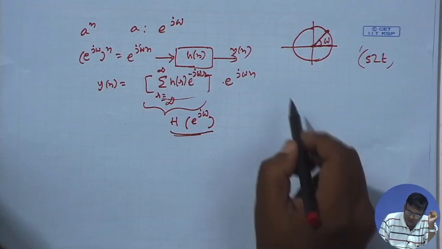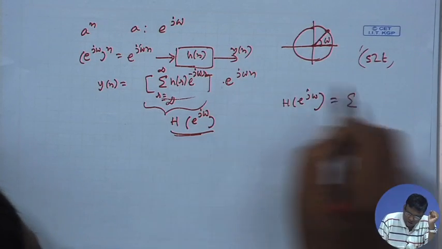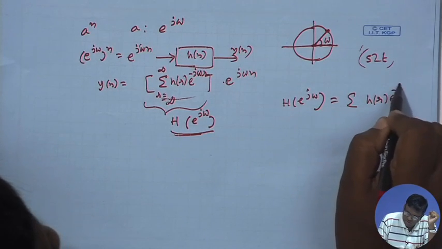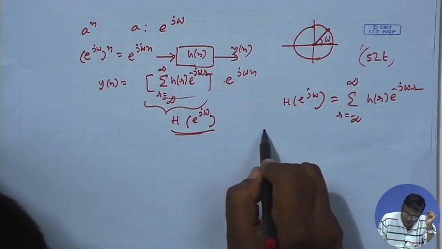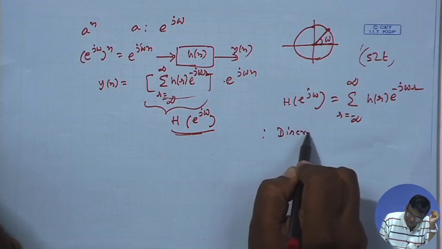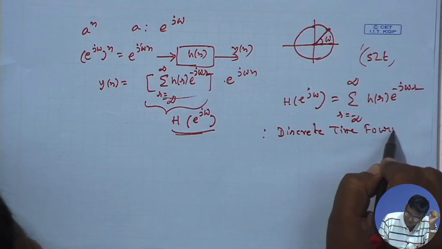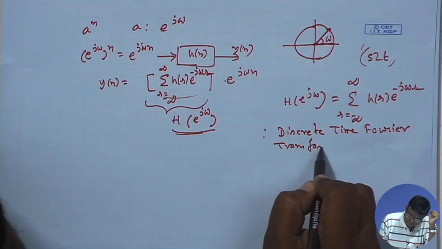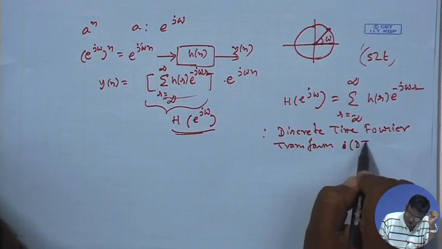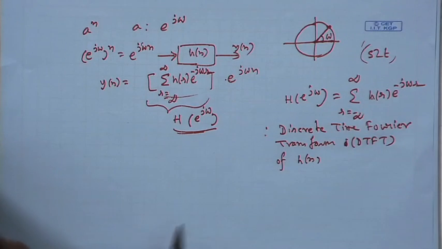This sequence, by the way, this H e to the power j omega, which I rewrite, this is called the discrete time Fourier transform, that is DTFT, of this sequence h n. We just give a name, discrete time Fourier transform.